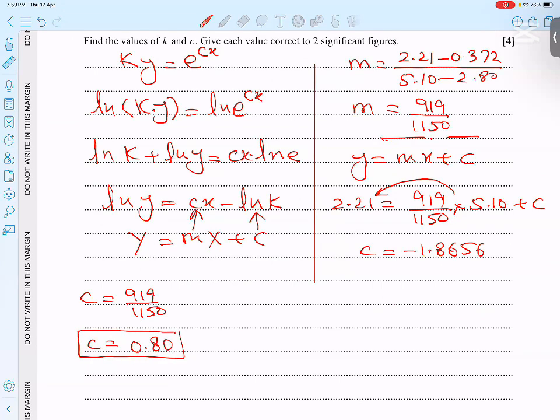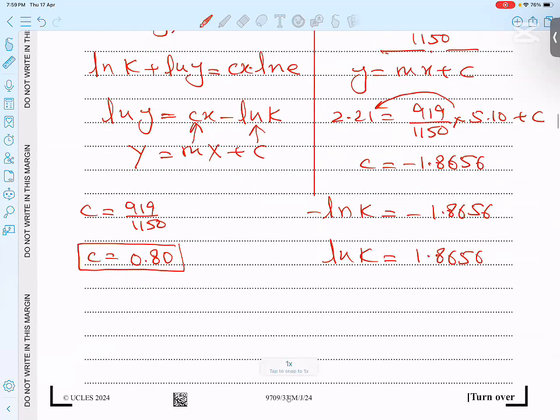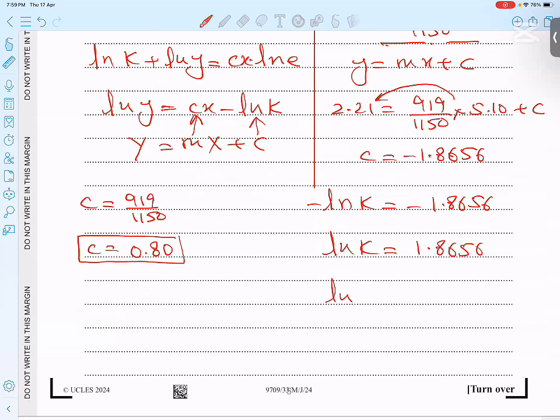And what about this, students? The value of c is equal to negative that. So I'm writing here negative logarithm of k is equal to negative 1.8656. Negative, negative cancel, and I got 1.8656. And students, any number we can write in log power. For example, 2 is the same as ln e to the power 2. When you type this in the calculator, you get 2.